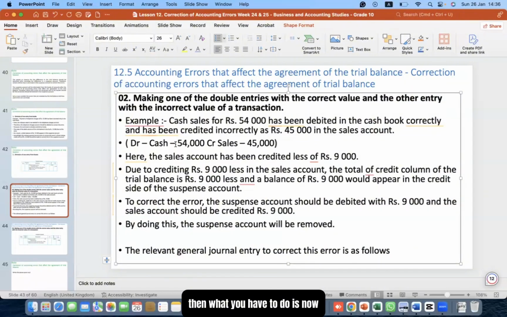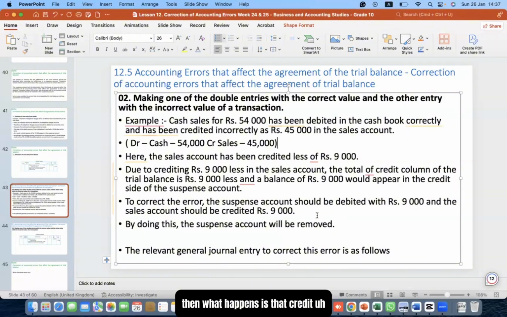Now, initially you have created the suspense account with 9,000 on the credit side, under the trial balance. Since you have identified this, you can credit your sales account by 9,000. To correct the error, you have to credit the sales account by 9,000 and debit your suspense account by 9,000.